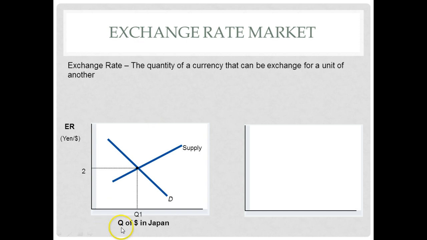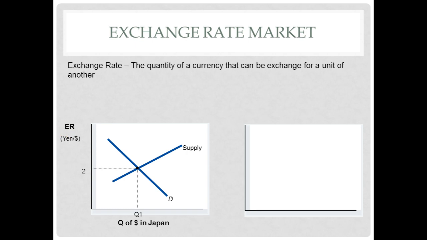Again, in this case, what we're saying is the quantity of dollars that you get is put here on the x-axis, and the number of yen that you get for $1. Now, remember that this slash mark here is said yen per dollar, which means the number of yen you get for a single dollar. In my example, it appears to be 2.